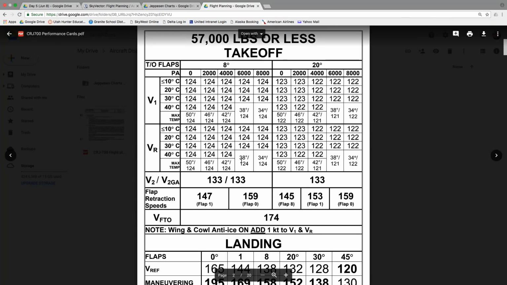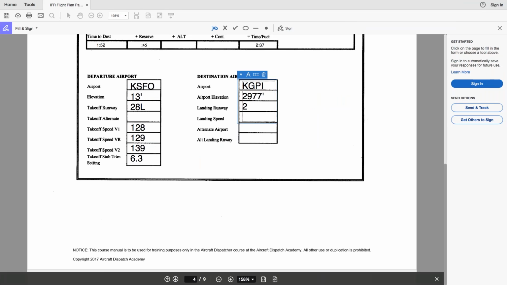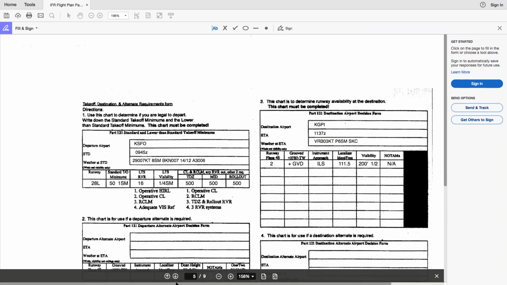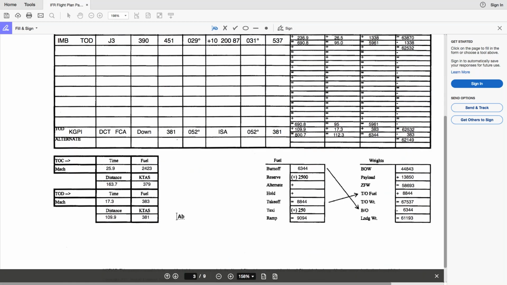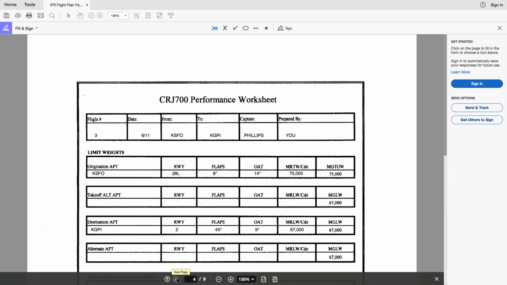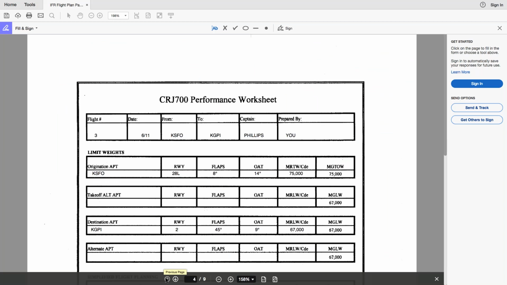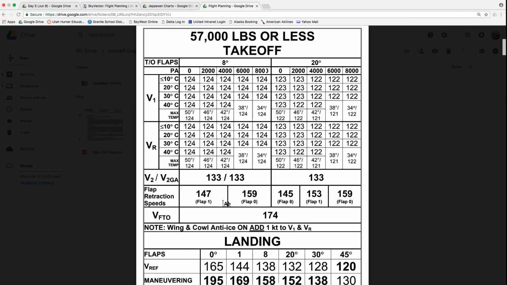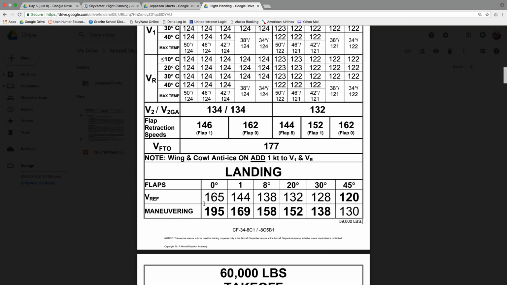This time we go to our landing weight. So our landing weight was, we're looking off of this, 61,193. So 61,000. Yeah, we'll call her 62.